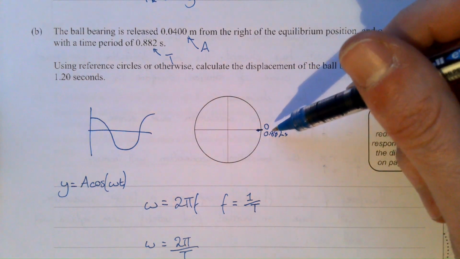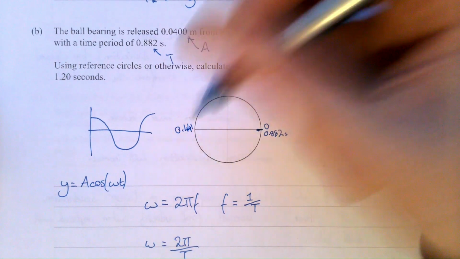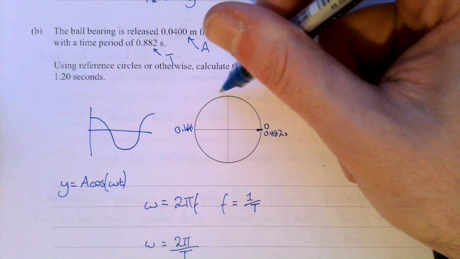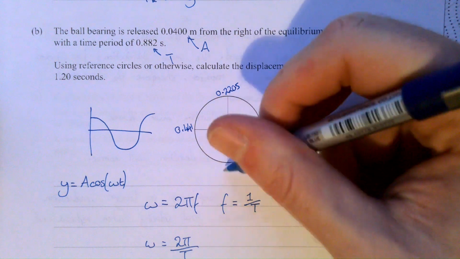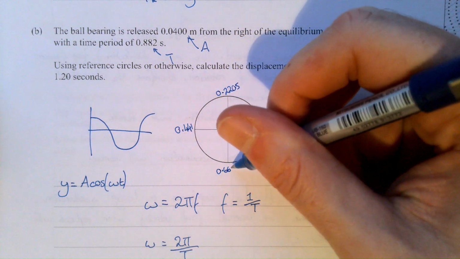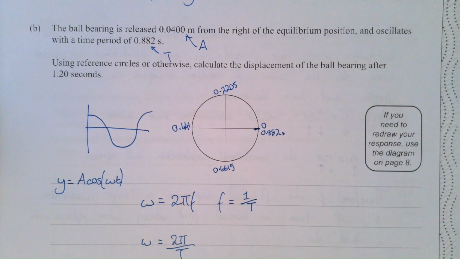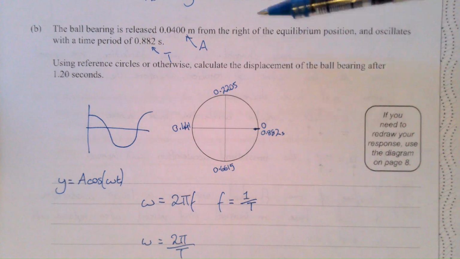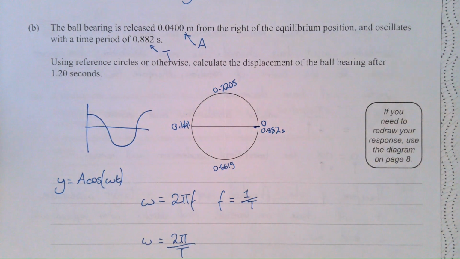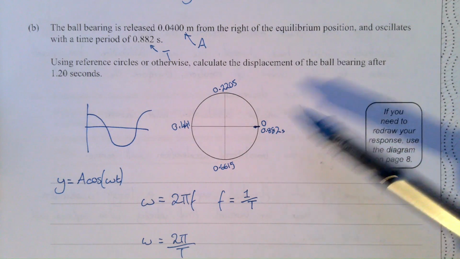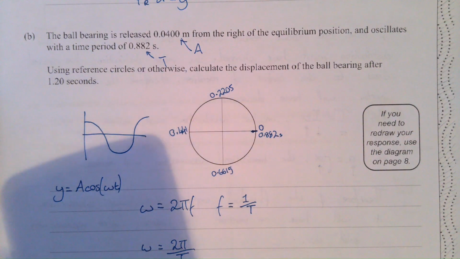Just by doing some quick halving, the halfway point will be 0.441, therefore our quarter points will be 0.2205, I guess, and 0.6615. So now we can check our answer if it makes sense or not by seeing where our time of 1.2 will take us. So if we do one lap, that's 0.882 seconds taken up.